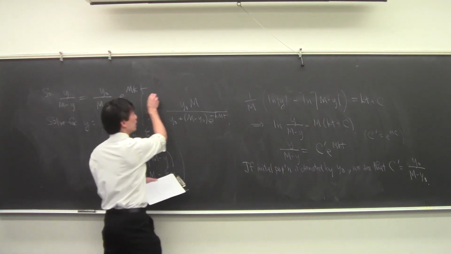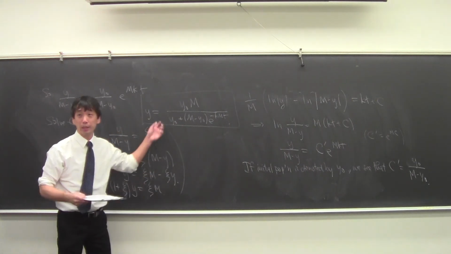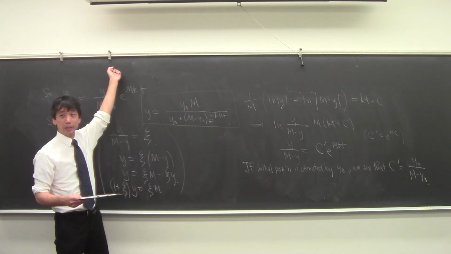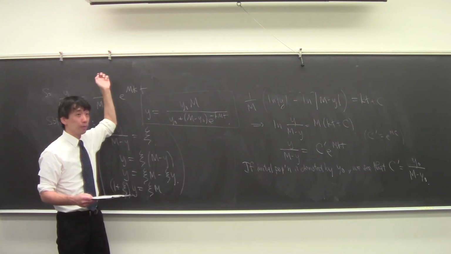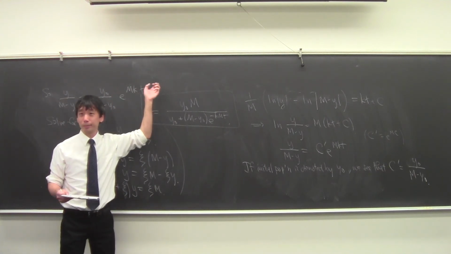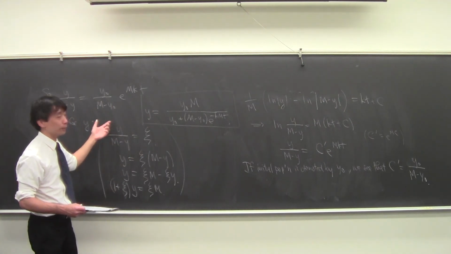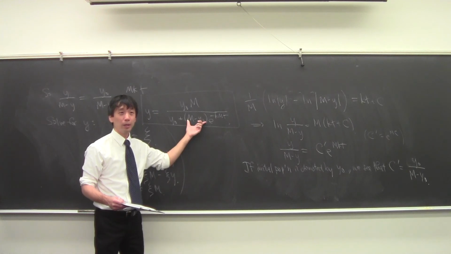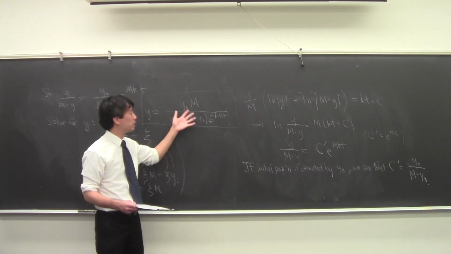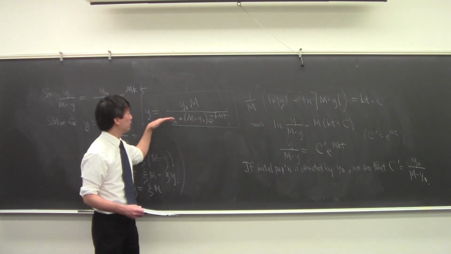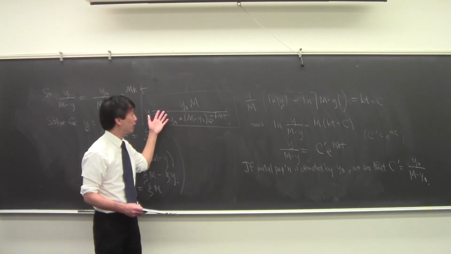So this turns out to be the solution of the logistic equation. Just like when we started with that simple differential equation, we ended up with the exponential function. Now we start off with the logistic equation, and we end up with this function. This thing tells you how your population is going to behave, based on those assumptions.